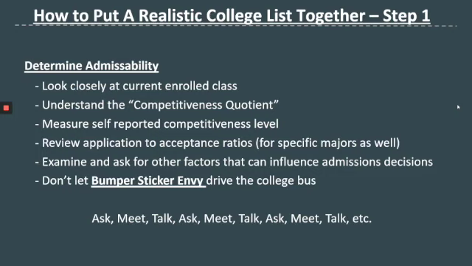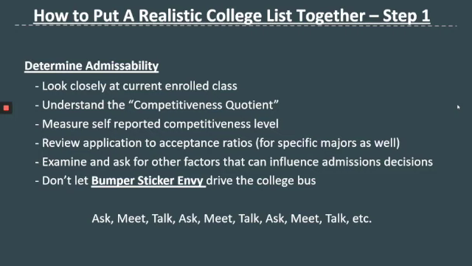Understand the competitive quotient. Lots of colleges are much more competitive and selective than we expect, and it increases every day due to the increasing number of applications that they get and the selectivity that they can have as to who and what characteristics they want specifically to consider versus those that they don't think are that important.